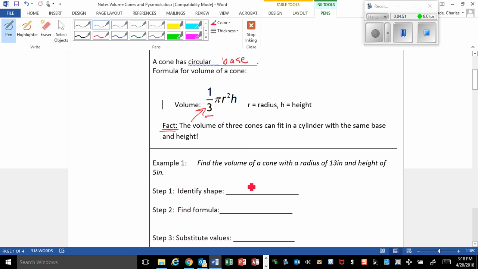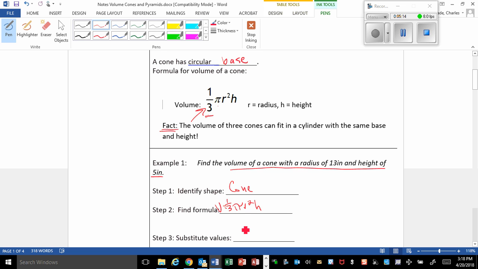So it says find the volume of a cone with a radius of 13 and a height of 5. So again, obviously, it's a cone. All right, find the formula. The formula says it's 1/3 times the area of the base times the height. Now we're going to substitute in the values.